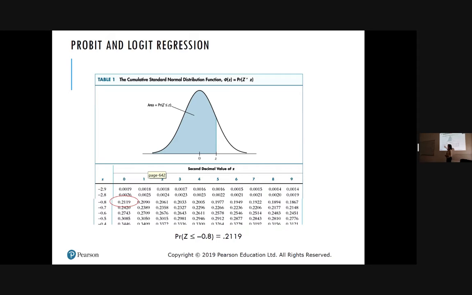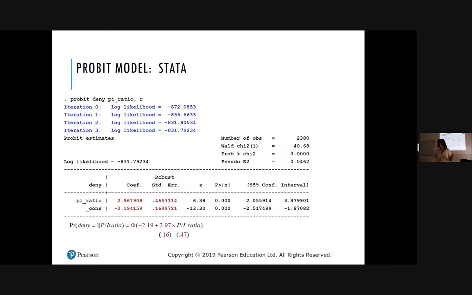We take the tables of the standard normal distribution, and the probability that z is below minus 0.8 is actually 21%. So this complicates just a little bit the interpretation of the estimates of the linear probability model, but still is something that we can do. We have the tables for the standard normal distribution, and it's easy to interpret.